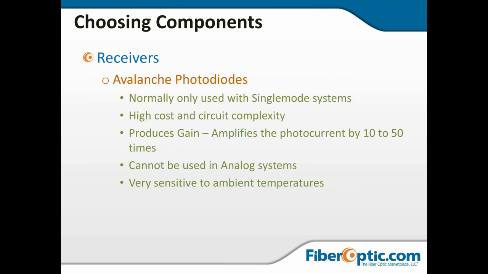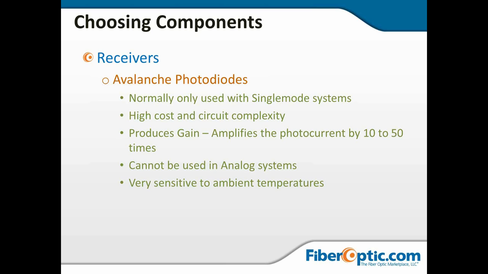The avalanche photodiodes are normally only used with single mode. There's a fairly high cost and circuit complexity, so the whole cost of the thing goes up. It produces gain. It amplifies the photocurrent by 10 to 50 times.